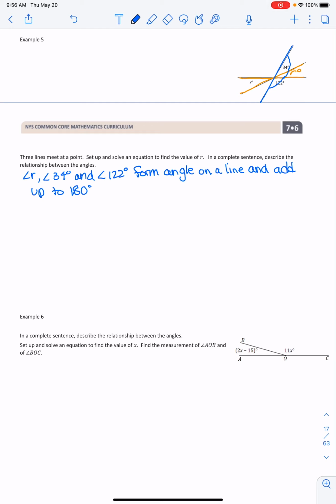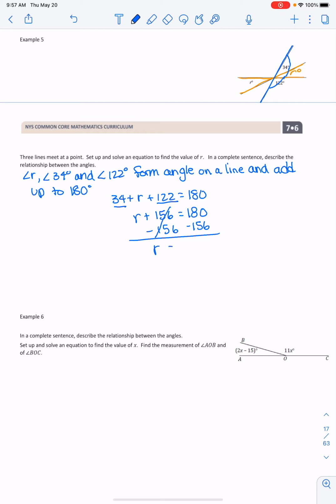So we have 34 plus R plus 122 equals 180. So adding 34 and 122, we have R plus 156 equals 180. So subtracting 156 from both sides, we have R equals 24 degrees.